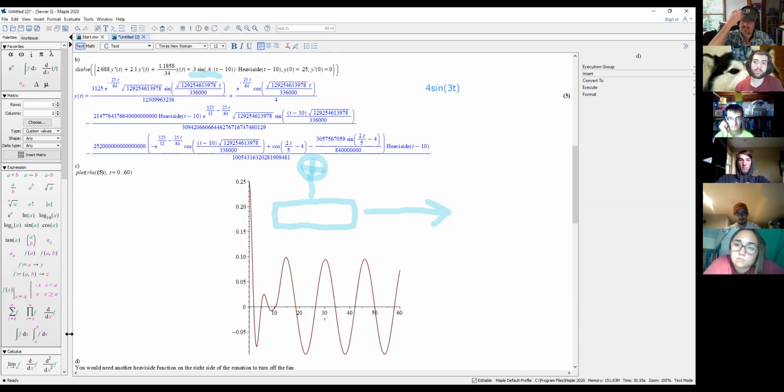The fan is pointed perpendicular to the motion of the cart, and it's off until exactly t equals 10 seconds, and that's when we turn it on. And at that moment, it's not contributing any force along the path of the cart.